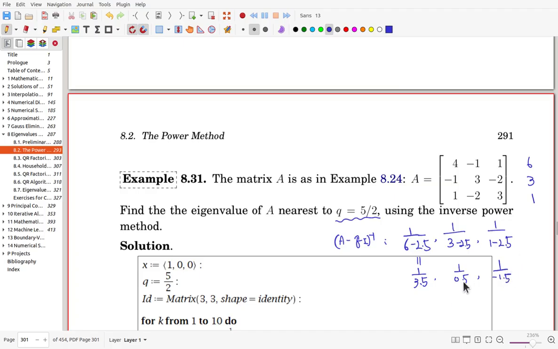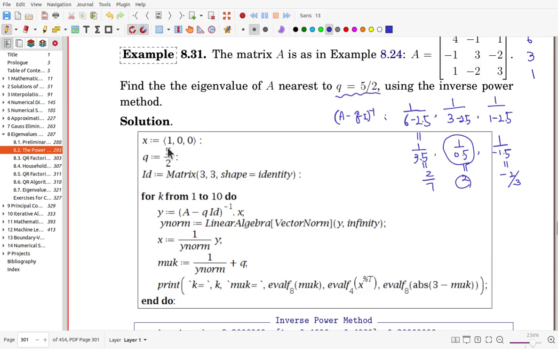So that is the largest eigenvalue, practically 2. This one is 2 over 7, and this one is minus 2 over 3.